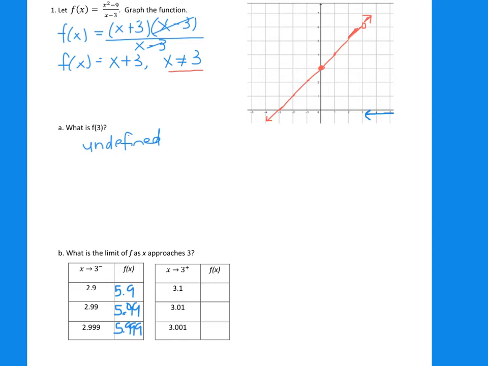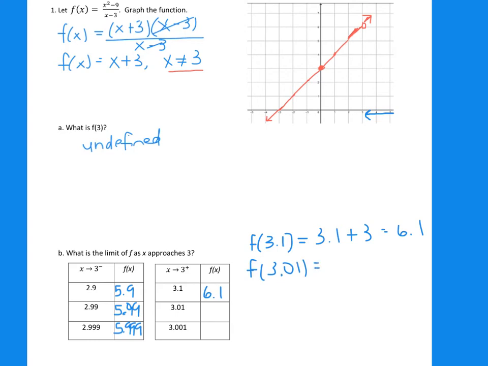So, for example, if we plug in 3.1 in for x, f of 3.1, that's pretty close to 3 to the right. If we plug that in for x, we have 3.1 plus 3, which gives us 6.1 as our function value.